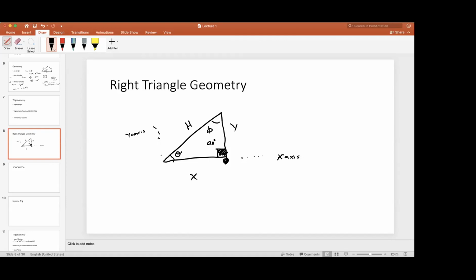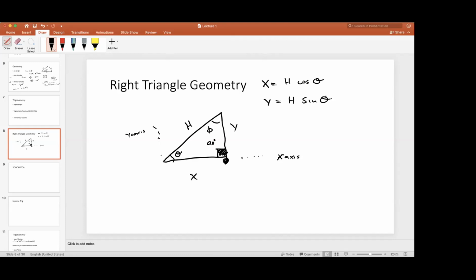The most important thing that you need to recognize here is, how do you find x, how do you find y, or how do you find the angle theta or the angle phi? Now, I'll start with x. X is the hypotenuse times cosine theta. And y is the hypotenuse times sine of theta.